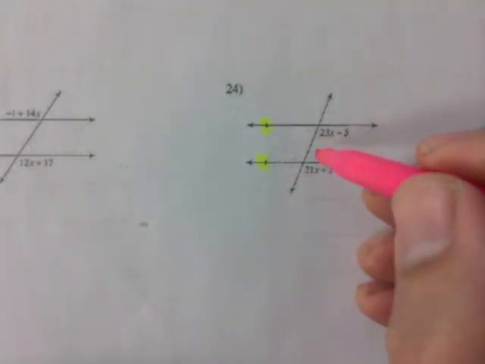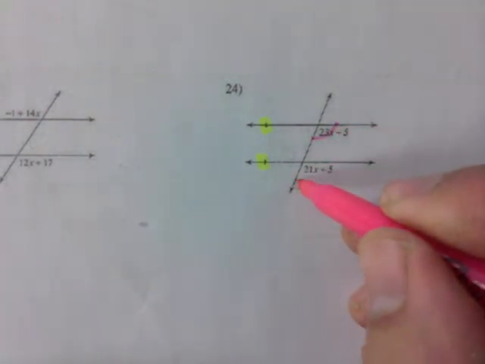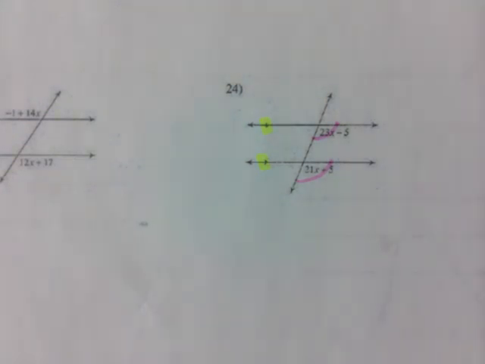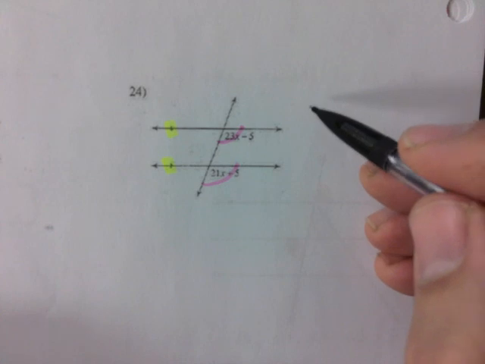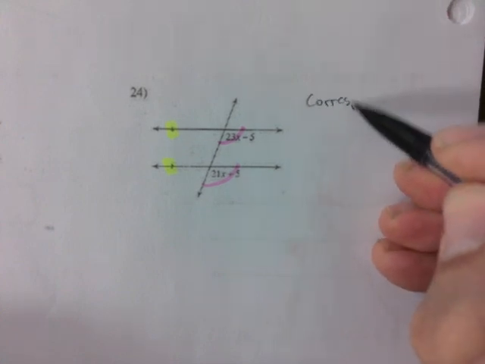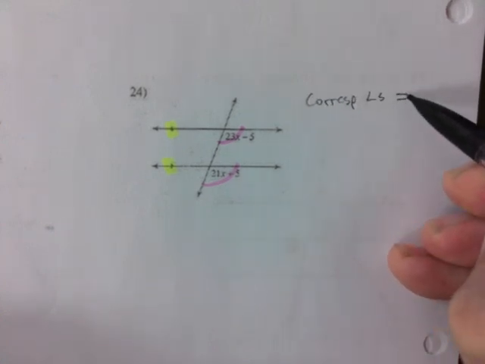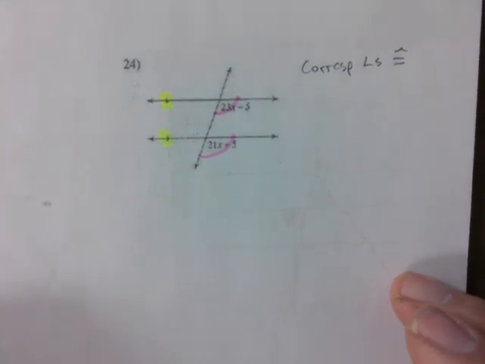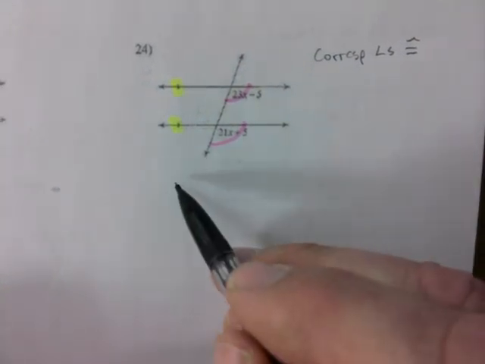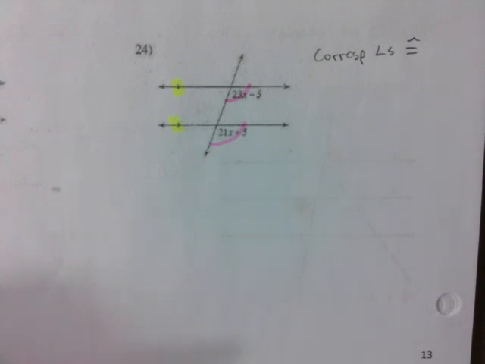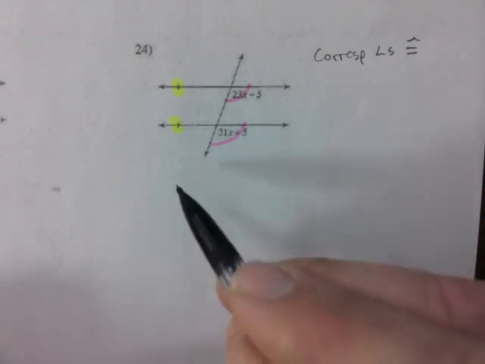This angle corresponds to this angle, right? I have a name for that. So I'm just going to say corresponding angles are congruent. They're the same. The only one that isn't the same would be the CIAs. They add up to 180, so that's a little different.